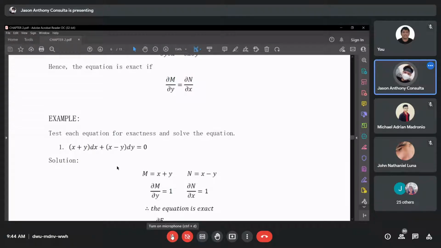M is equal to x plus y. Ito. Ano yung N? Yung term na nasa dy, which is x minus y. Then find its partial derivatives with respect to y pag M. And sa N, partial derivative of N with respect to x.